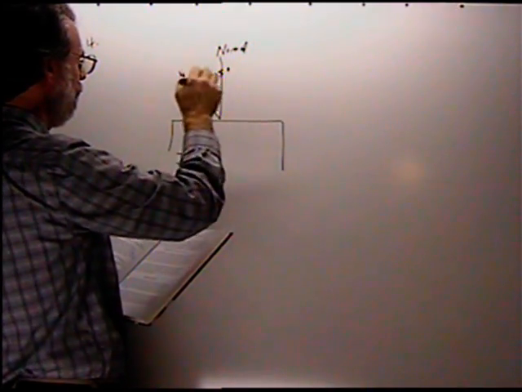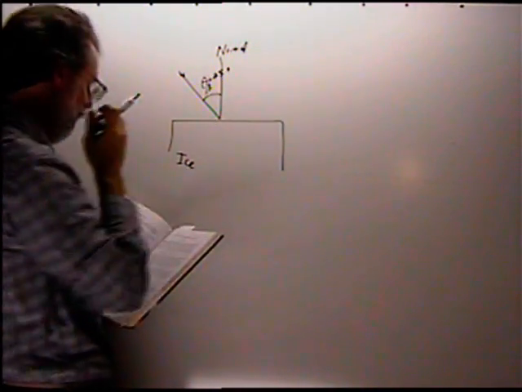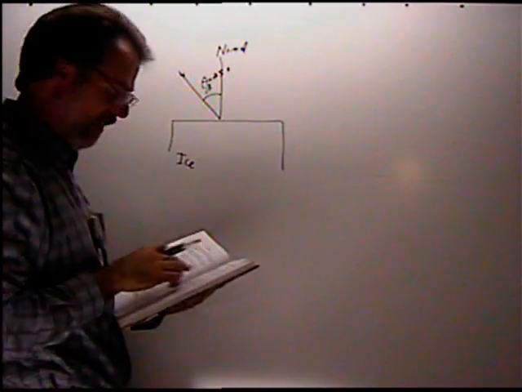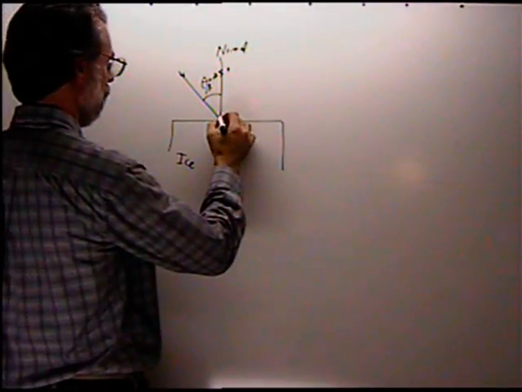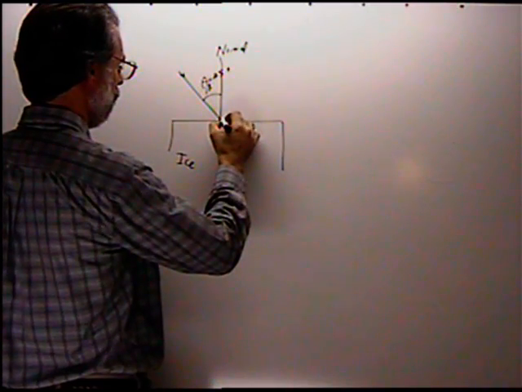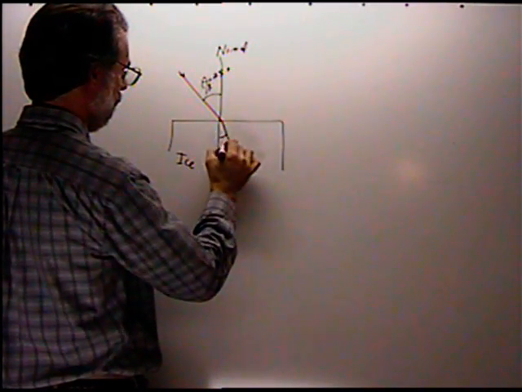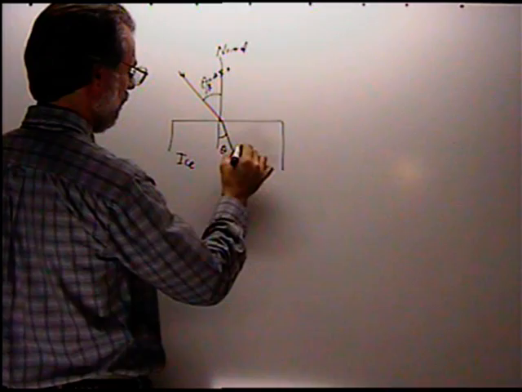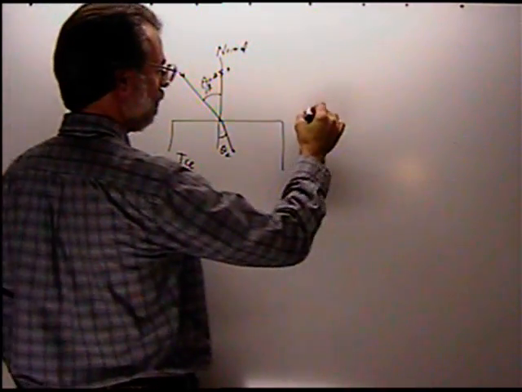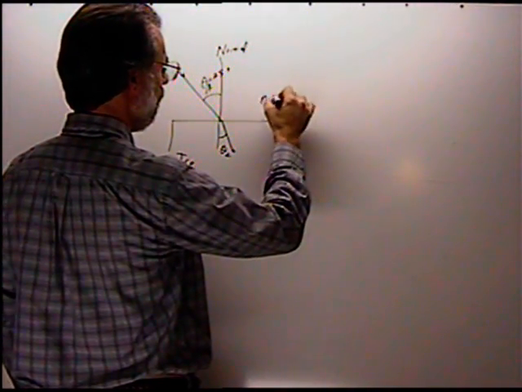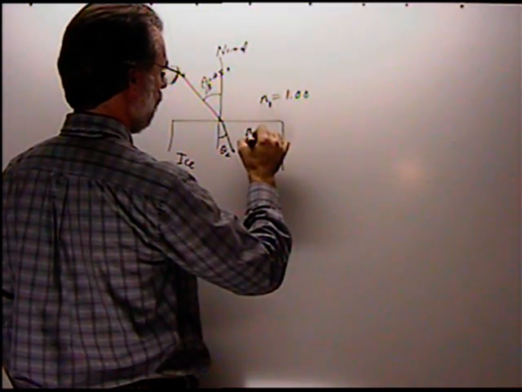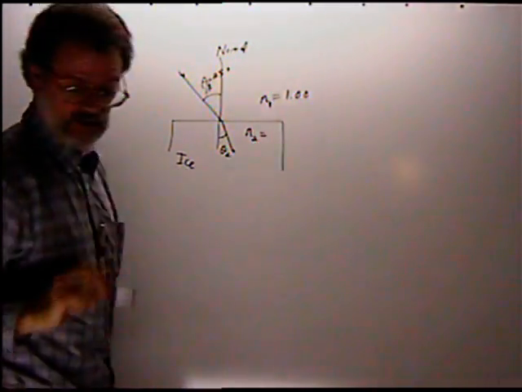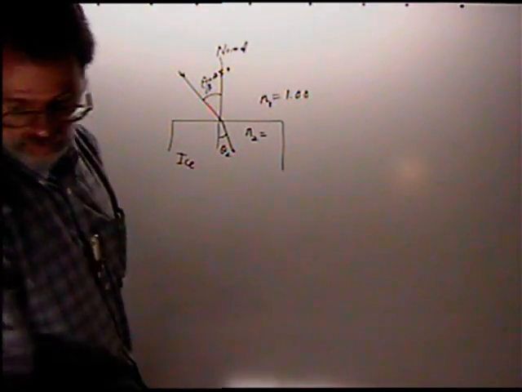There's the angle. We'll call it theta 1. What is the angle of refraction? So the question is, it's going to refract, and find theta 2. So from Snell's law, well, the index of refraction of air is 1. Index of refraction of the ice is given as 1.31.